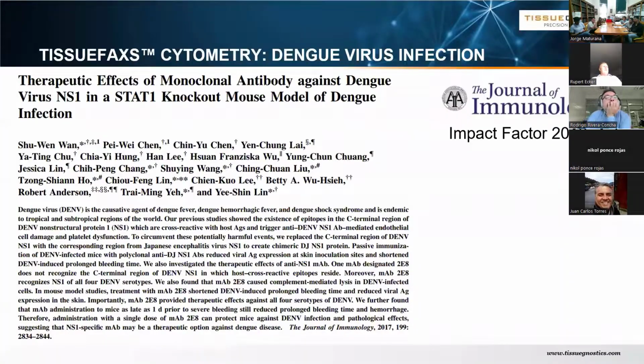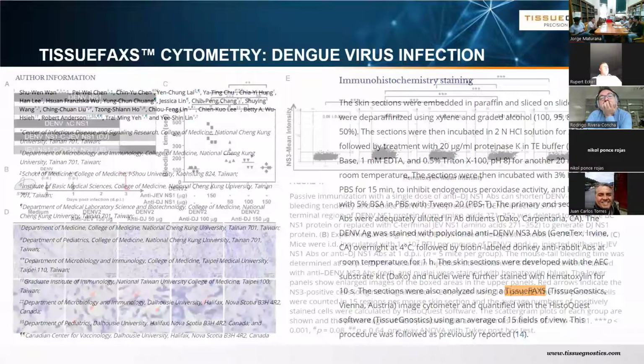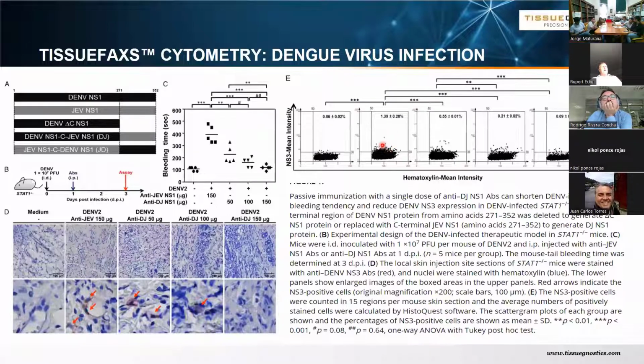Dengue virus infection, which is a good example to show that with TissueFax you can not only analyze major cell populations, but also look for small populations like 0.5, 0.2, 0.09% of the cells positive for a marker.